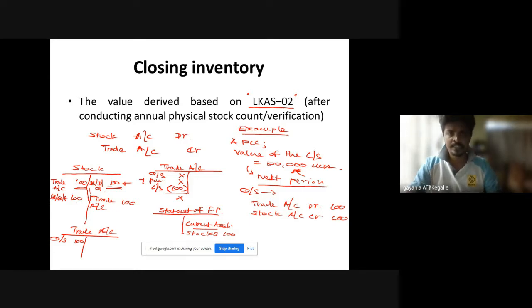Okay, this is basic adjusting entry we need to put in preparation of final financial statements.